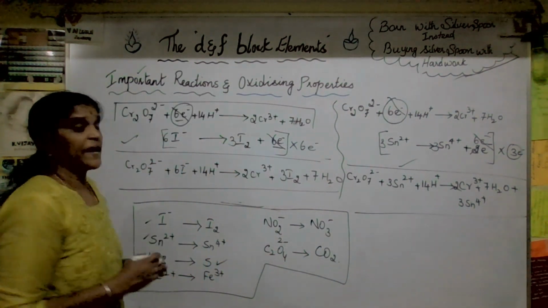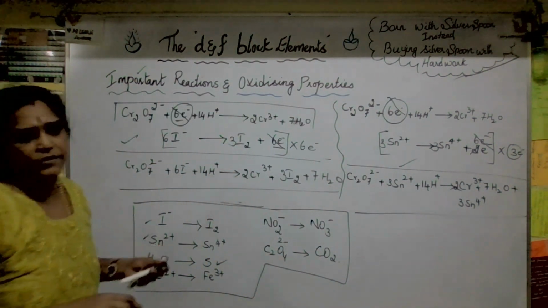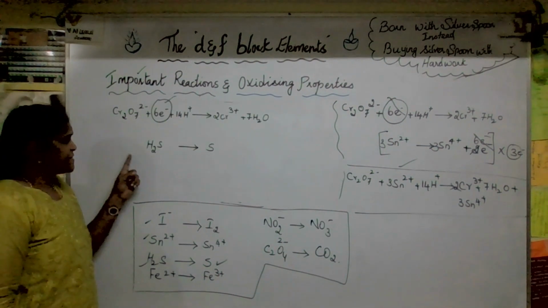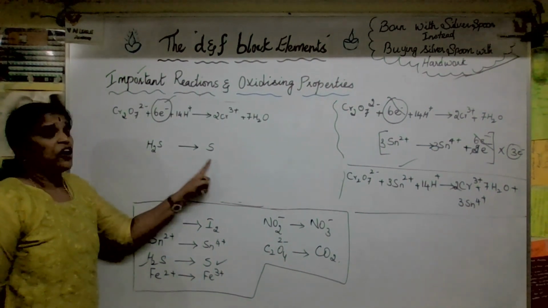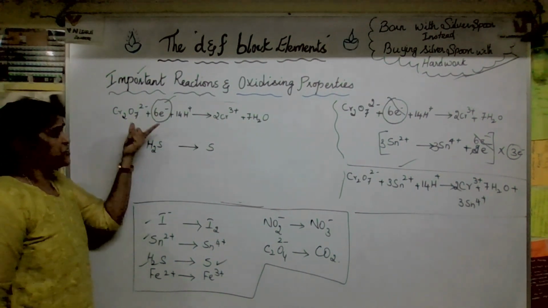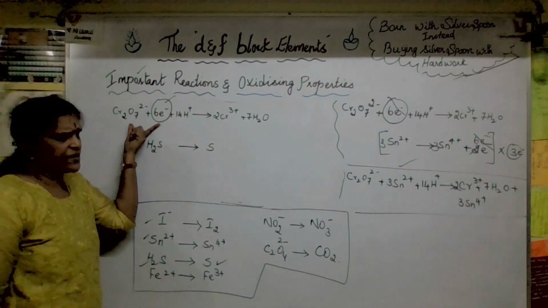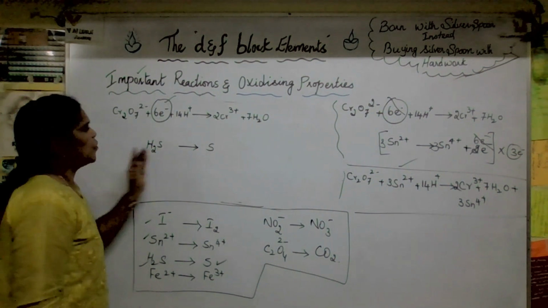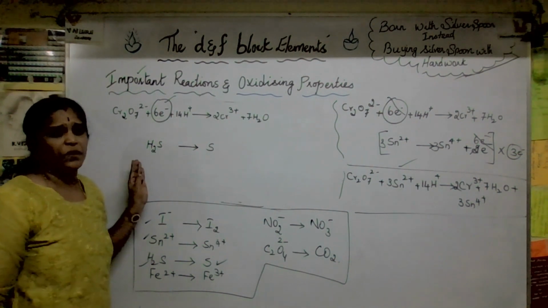Now next one, H2S. Let us go for it. In this reaction, hydrogen sulfide oxidizes to sulfur. Now you have to balance this equation. Already this is a fixed reaction, you know very well. Now how do we balance this equation?